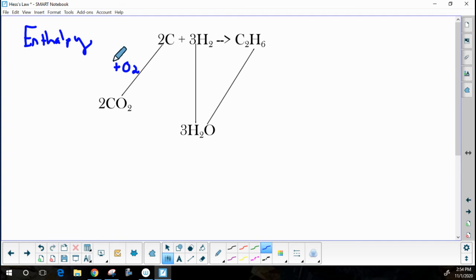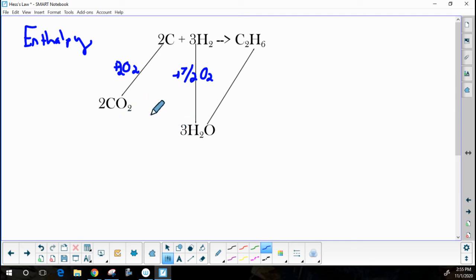And so we added 2 moles of the oxygen there. Here, what we did is we added 7/2 or 3.5 moles of oxygen gas in order to get the CO2 plus the H2O.